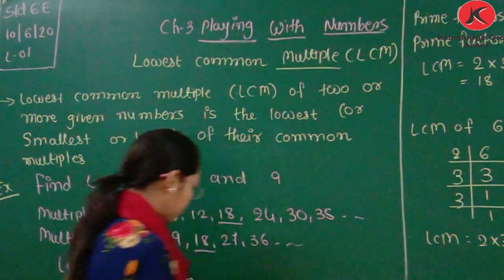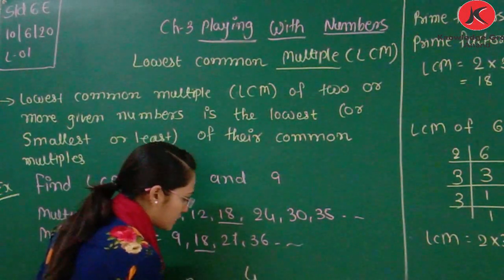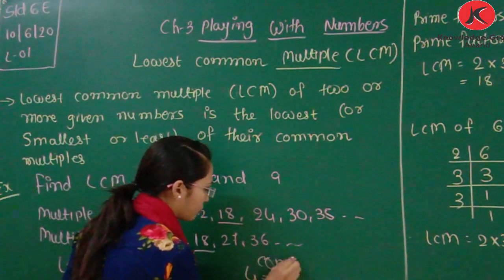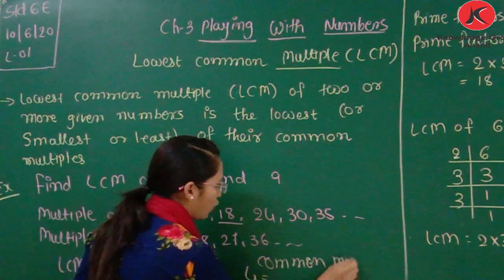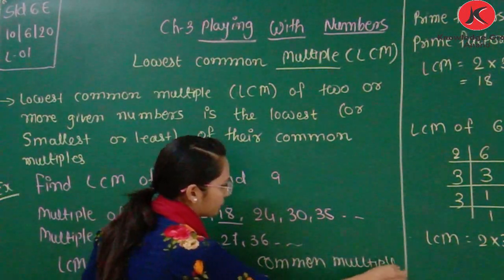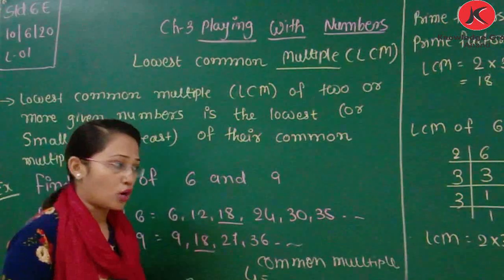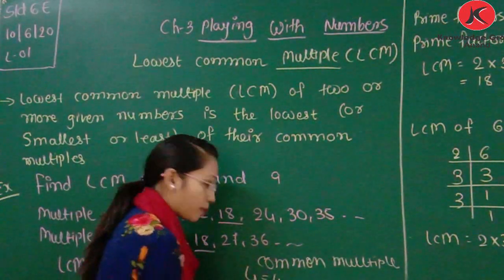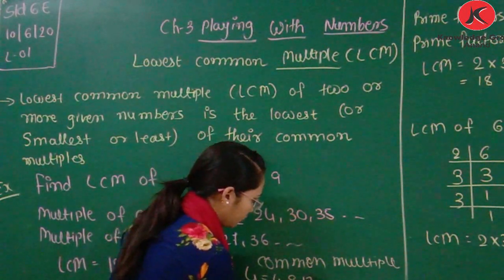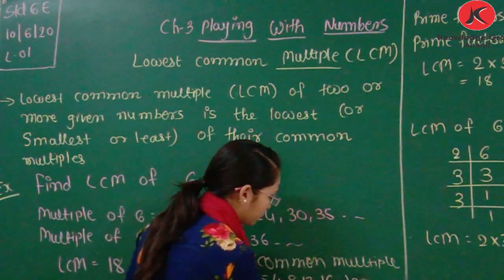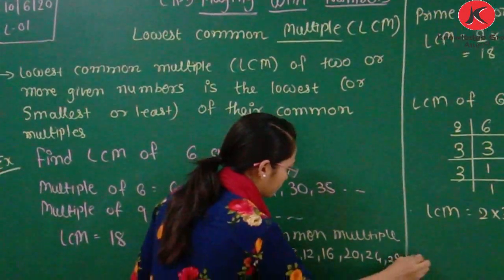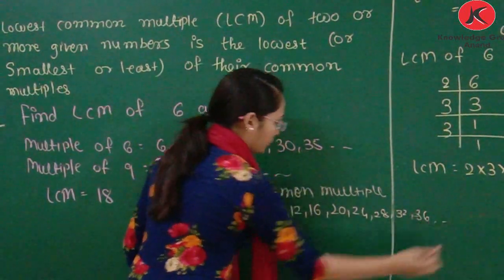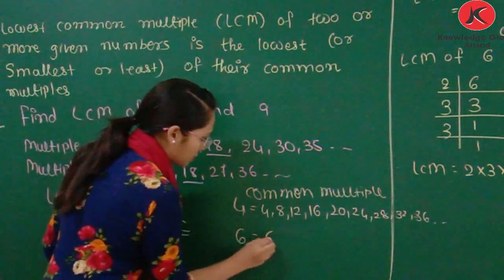For example, if the numbers are 4 and 6 and we want to write the common multiples, then we can write the table of 4, likewise, and after that the multiples of 6.